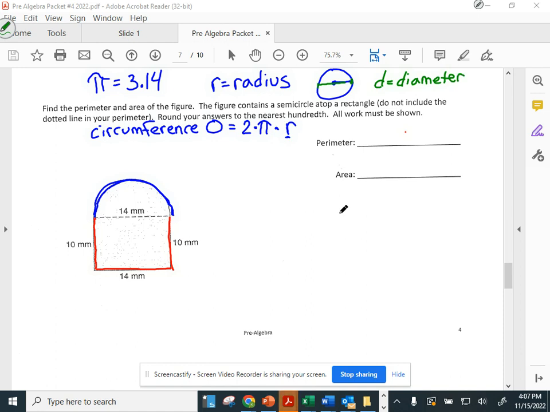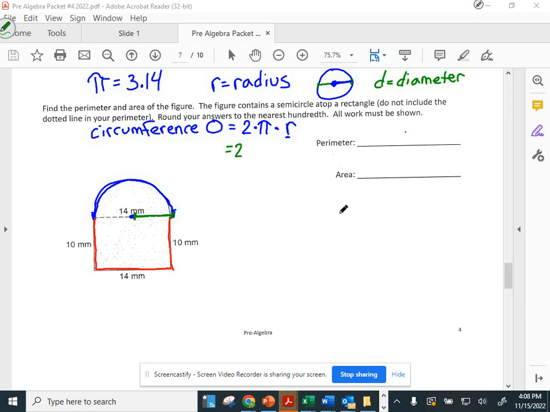The radius only goes from the middle across. So here, they gave us a diameter of 14 millimeters. That went from one end to the other end. We need to know what the radius would be from the middle to the end. So we want half of the diameter. A radius equals half of the diameter. So figure out what measurement that would be going halfway from the center to the end. So you're going to plug that in.